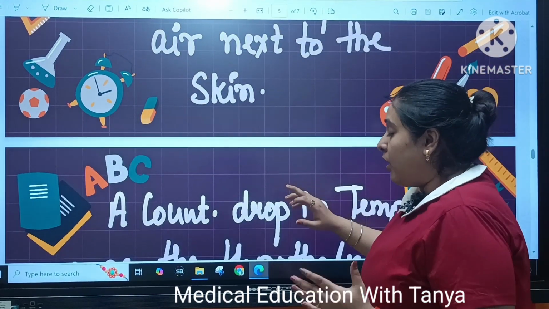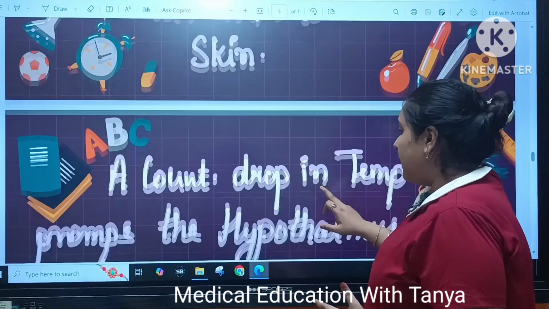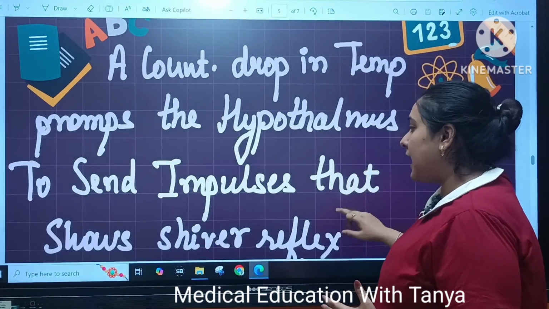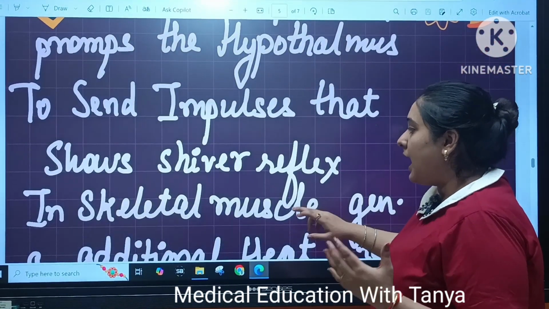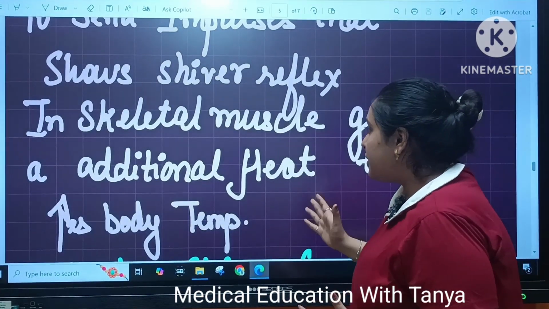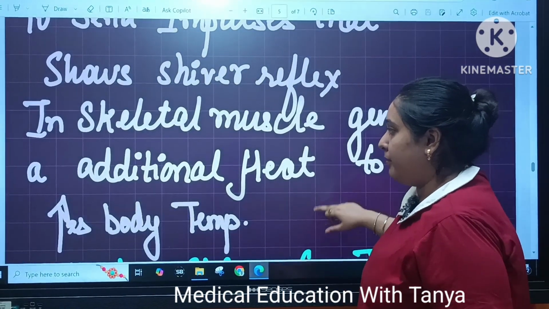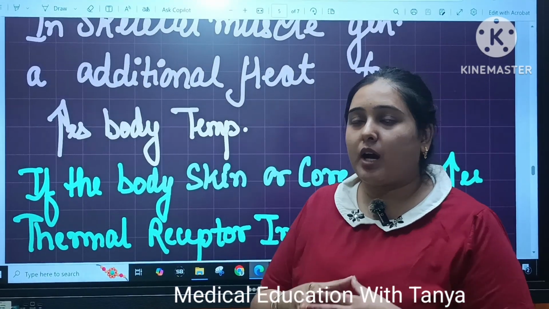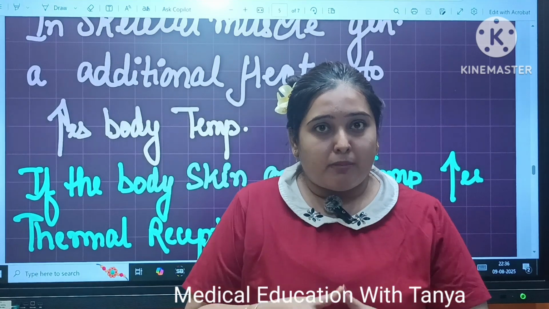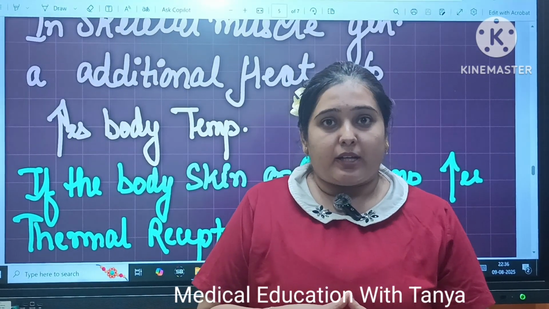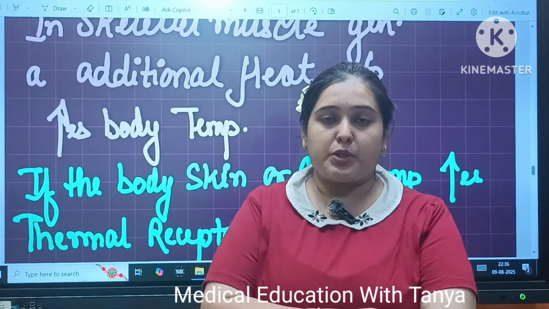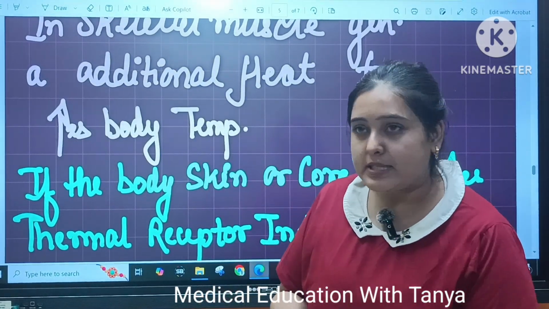Whenever there is a continued drop in temperature, the hypothalamus sends impulses that cause the shiver reflex in the skeletal muscle, automatically generating additional heat to increase the body temperature. Whenever our body is stabilized and maintains the normal temperature, the goosebumps go away and the hair follicles flatten against the skin.